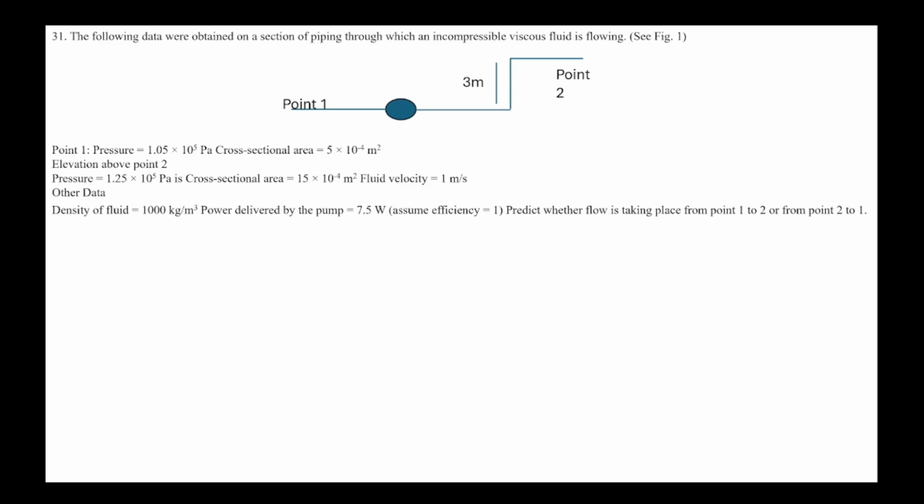Okay. The following data were obtained on a section of piping through which an incompressible viscous fluid is flowing. Point 1: pressure is this, cross-sectional area is this.